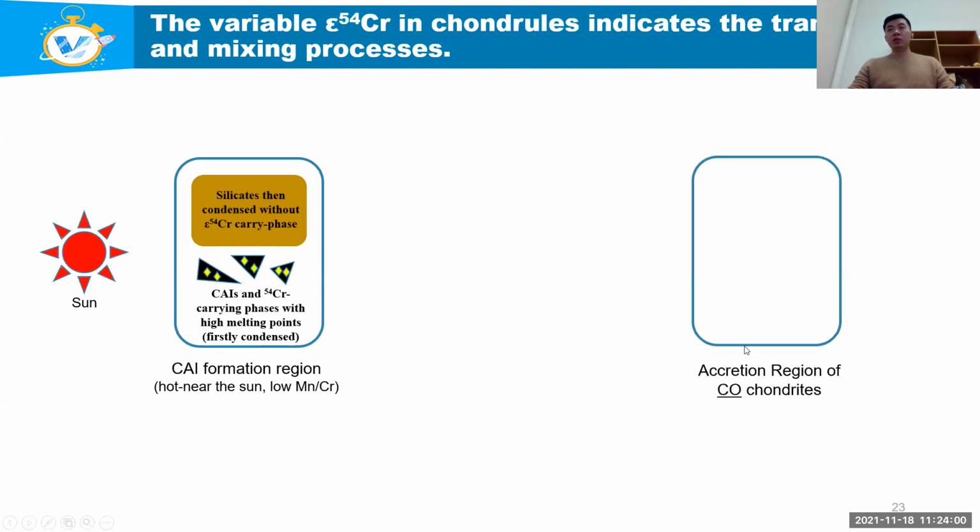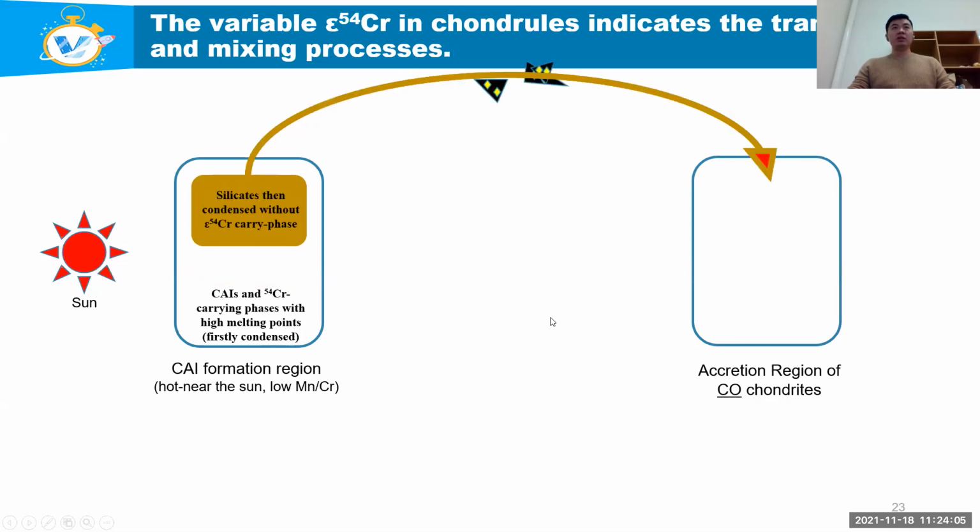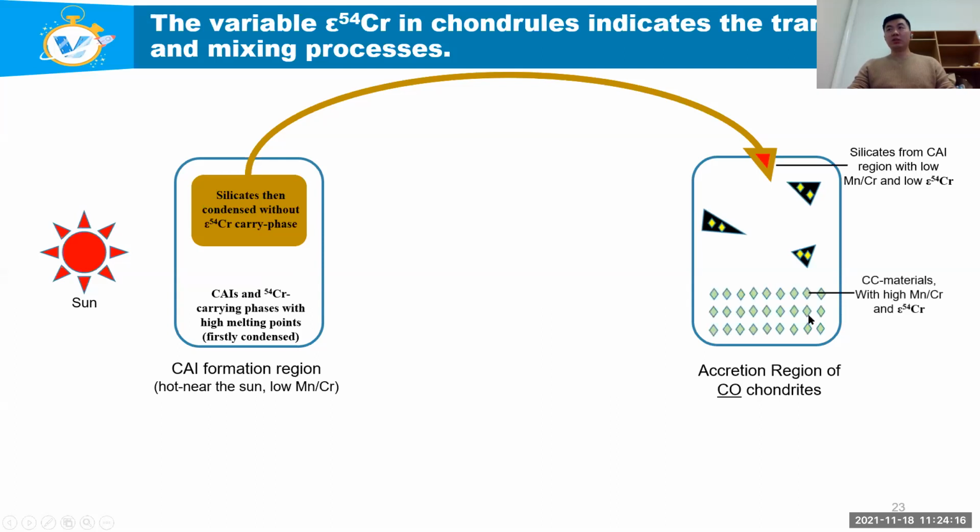And this region is the CO chondrite formation region, and they are far from the sun. The materials from the CI formation region can be transported to the CO chondrite accretion region, and they mixed with the matrix material in the CO chondrite accretion region. This low manganese-chromium ratio and low epsilon 54 chromium value material mixed with the CC matrix material with high manganese-chromium ratio and high epsilon 54 chromium values.